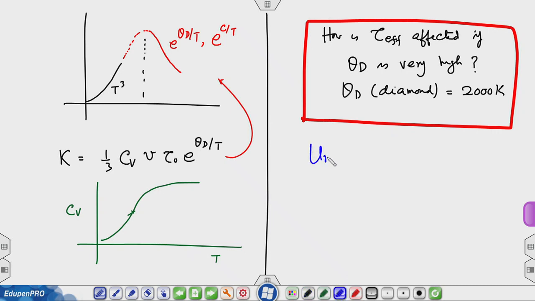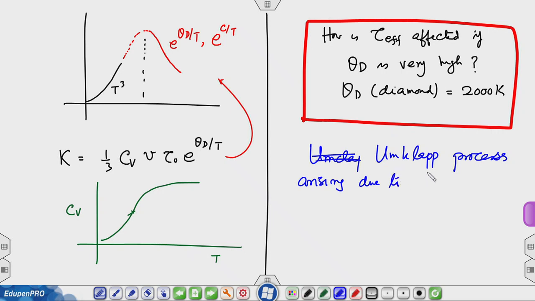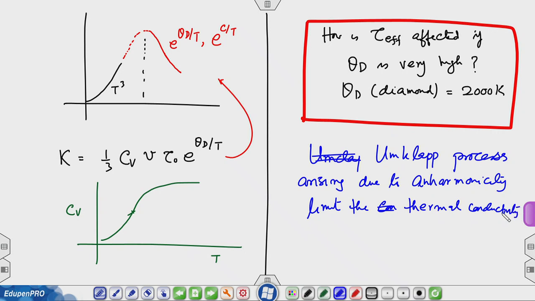So, Umklapp processes are rising due to anharmonicity, limit the thermal conductivity and start making it become smaller with T increasing.